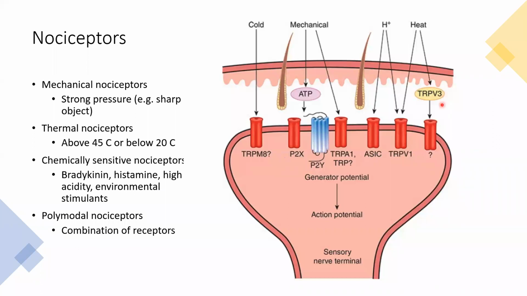So these are your transient receptor potential channels, TRP. And they are abbreviated either to M8 or V3, depending on the specific chemicals to which they actually respond.